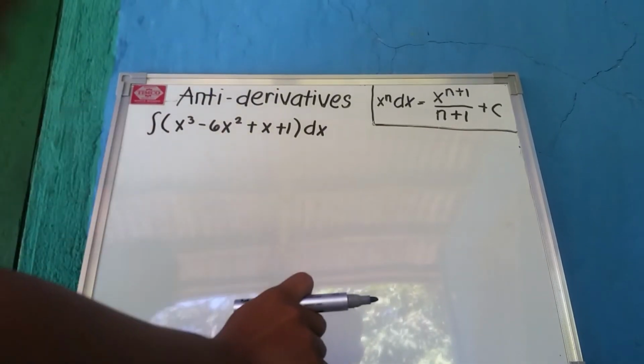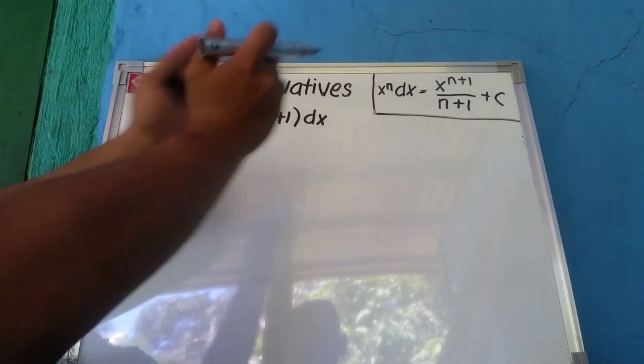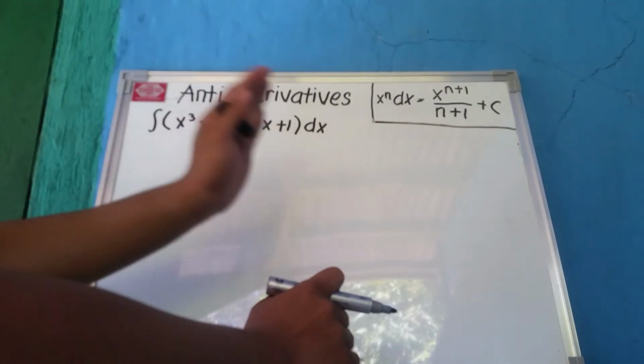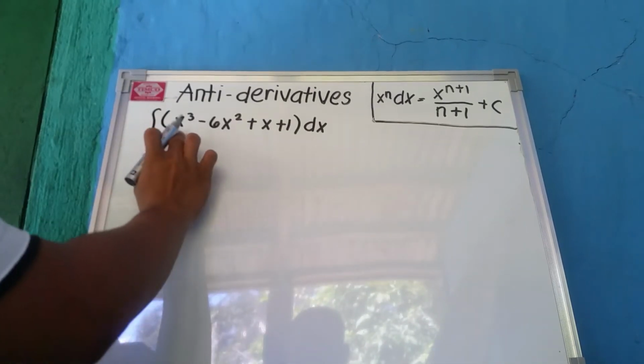So we are going to start now. We're going to solve it little by little. So we're starting with the x cubed.